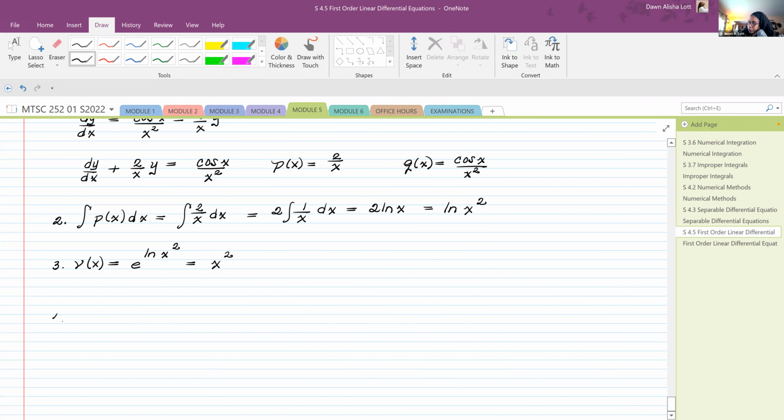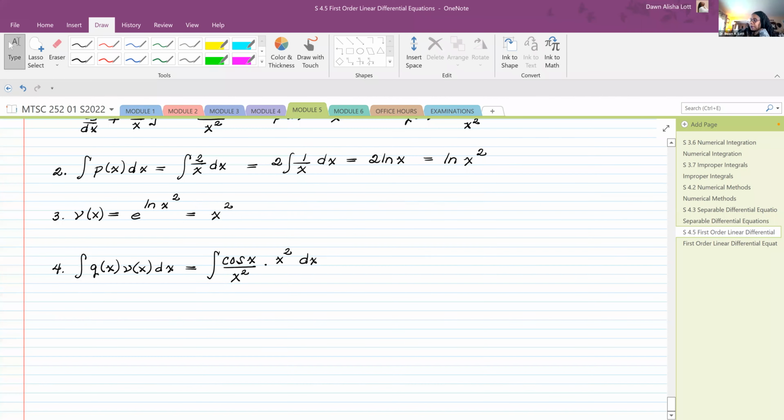Step 4, the integral of Q of x and V of x dx. Q of x was the cosine of x divided by x squared. V of x is x squared dx. Oh man, this is an easy one. This is a perfect test question.